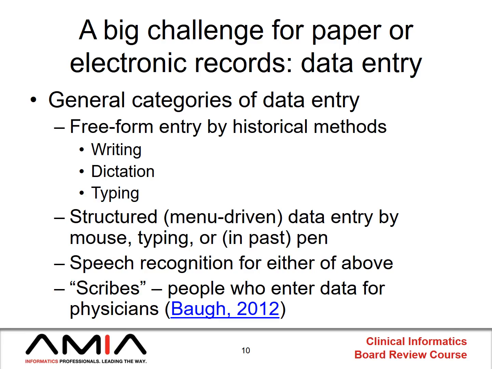There is structured or menu-driven data entry that may be done by mouse clicking, by typing, or in the past by pens on mobile computers. Of course, we can use speech recognition for either free-form or structured data, or we can make use of scribes, who are people who enter data for physicians.